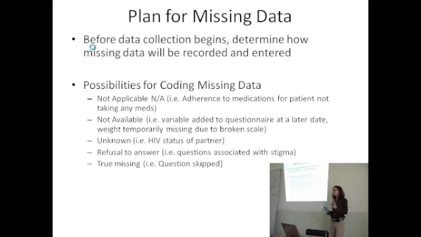It might be important to know that the patient refused, as opposed to the data not being gathered. And then the true missing is when the question was actually skipped, the item was never asked, and so a response was never given.